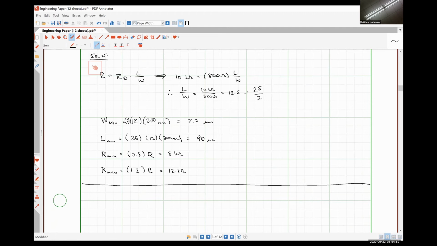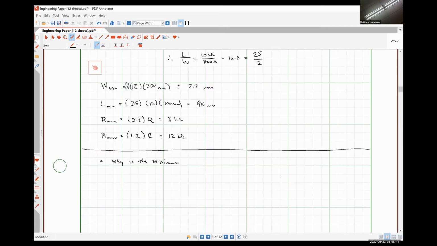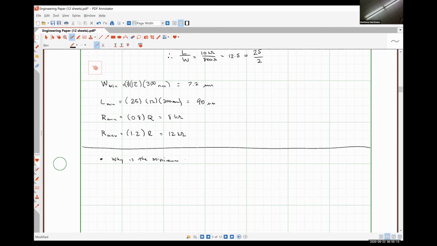So first question that we're going to attempt to answer is, why is the minimum width of an N well 12 lambda? And this is rule 1.1, right?